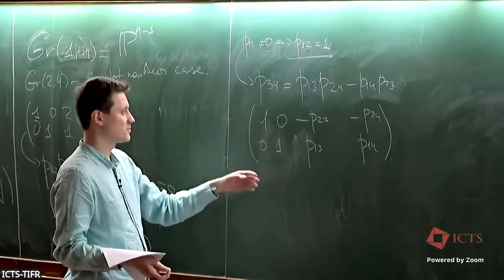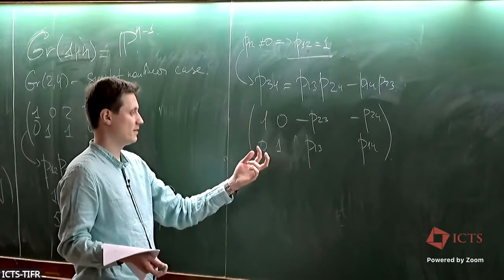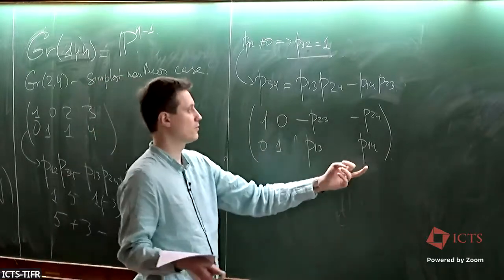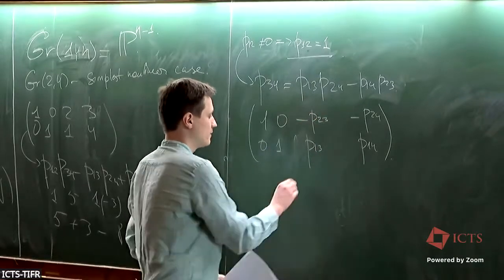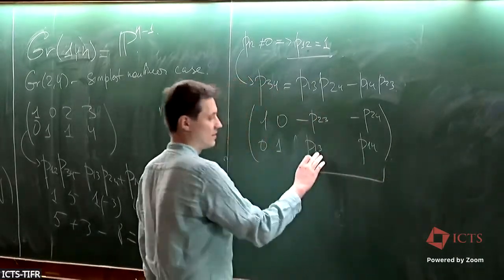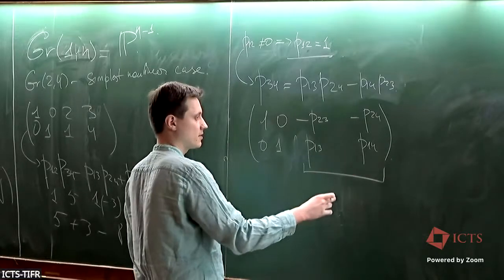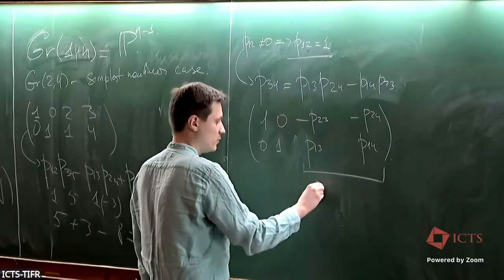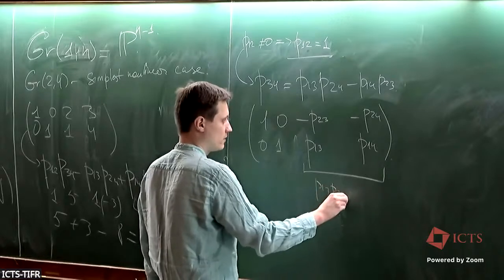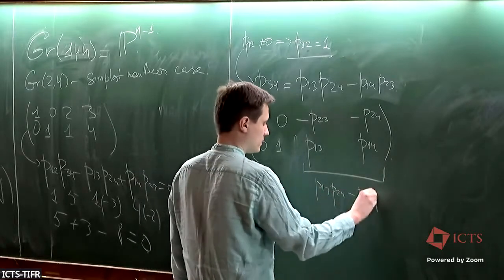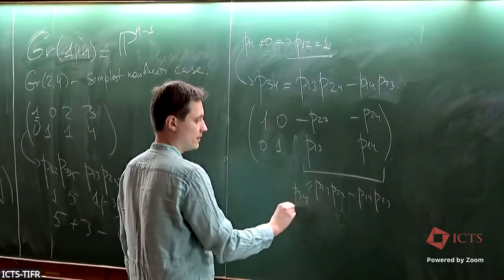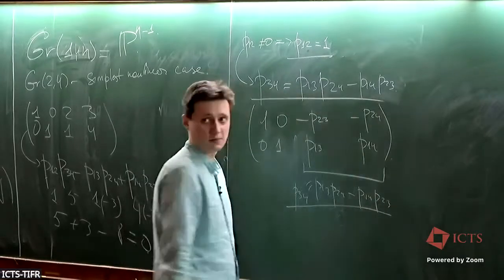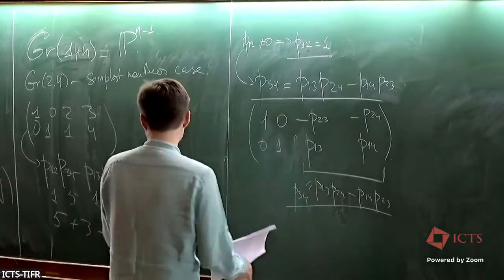And then you can also see that the minor that is defined by the columns 2 and 4, for instance, has a determinant equal to P24, and so on. And finally, the last determinant, which comes from those two last columns, is P13 times P24 minus P14 times P23. And this is supposed to be equal to P34. And this equation and these equations are the same. So it works both ways.